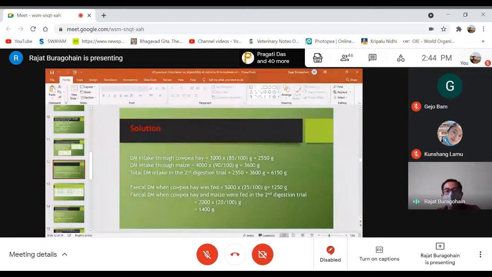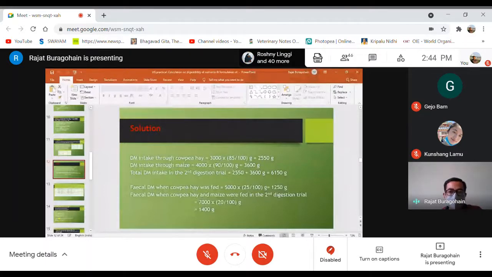In the first digestion trial, per day dry matter intake through cowpea hay was 2550 gram. Dry matter intake through maize, in the second digestion trial, when maize was fed along with the cowpea hay. In that case, what was the consumption of maize? Maize dry matter was 90%.